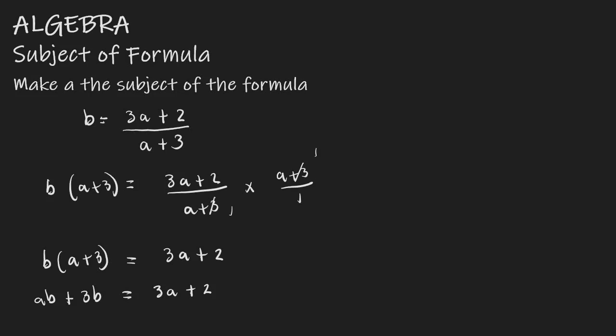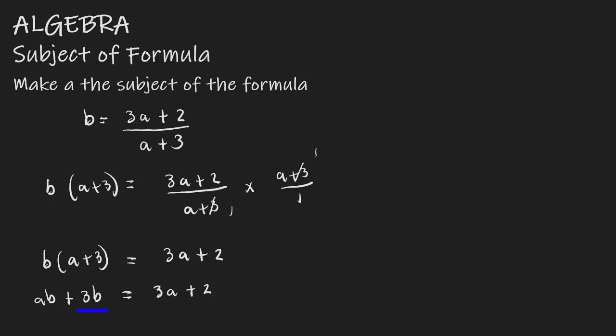I want to make a the subject of my formula, so I need all my a terms on one side of the equation. Like I said, my preference is the left. So I need to get the 3a term over to the left. In order for me to do this, I need to use the opposite operation to 3a, which is minus 3a. But I also notice that I have 3b here on the left.